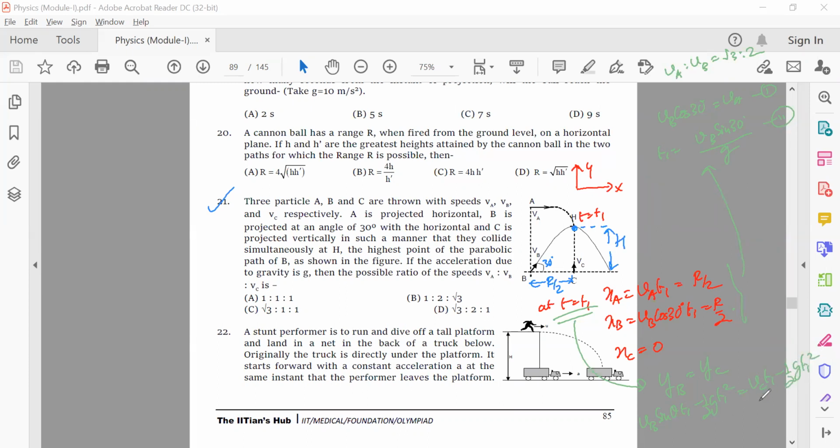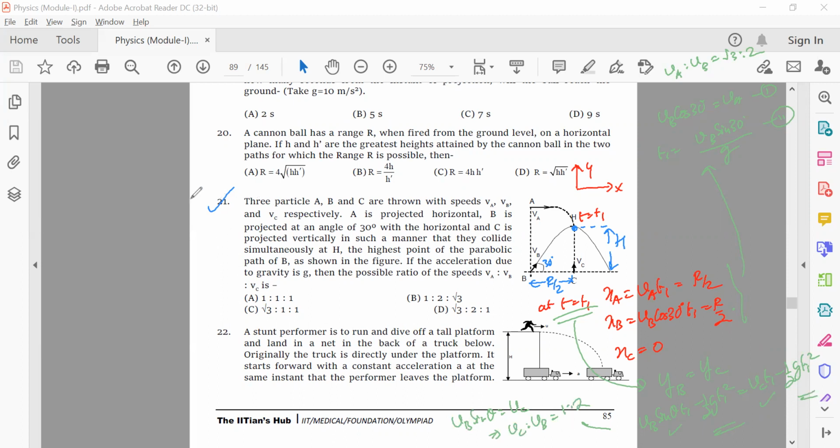So this will show you that this term is already equal to this term. So this term must be equal to this term. So it will show you that VB sine theta is equal to VC. So this will show you that VC is to VB is 1 is to 2.